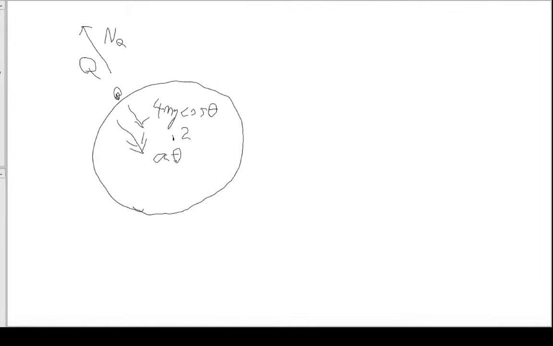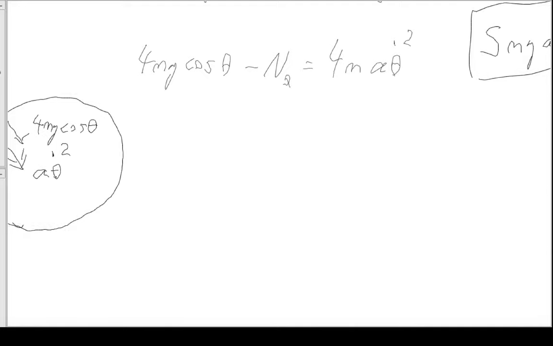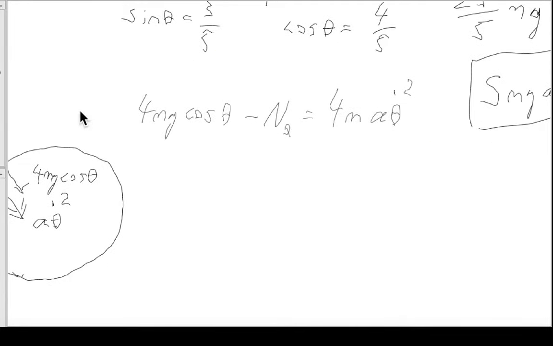Let's use our F equals ma to do the equation of motion here. So 4mg cos theta minus N_Q is equal to 4m, so mass times acceleration. Now this is going to be our equation 1.